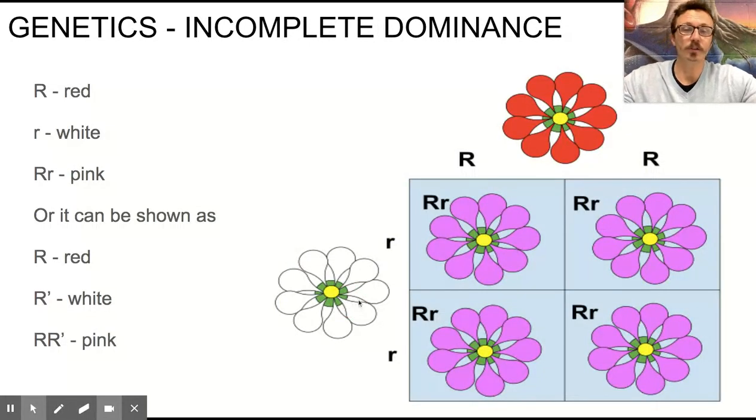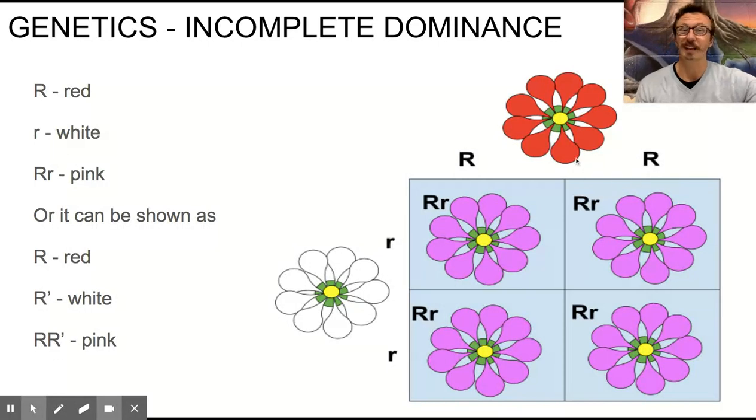Now, we also have incomplete dominance, right? With Mendel's pea plants, the flowers had complete or simple dominance. They were either purple or they were white, and the alleles for purple completely dominated the genes for the white flower. But that's not always the case.